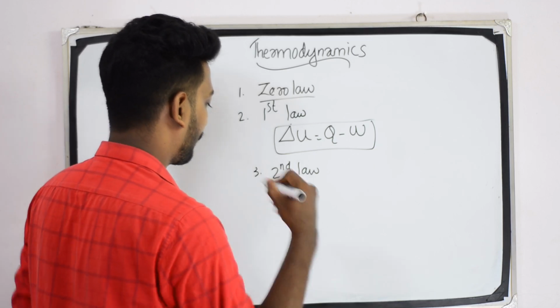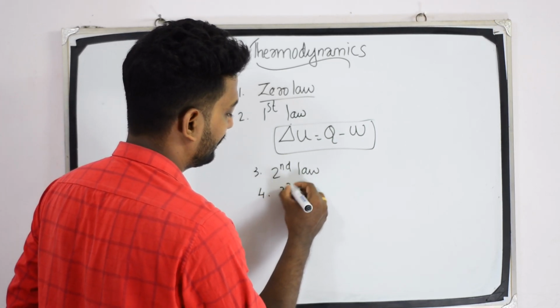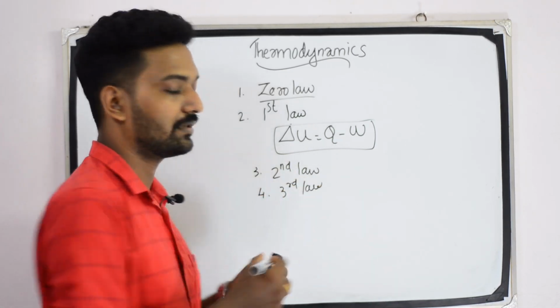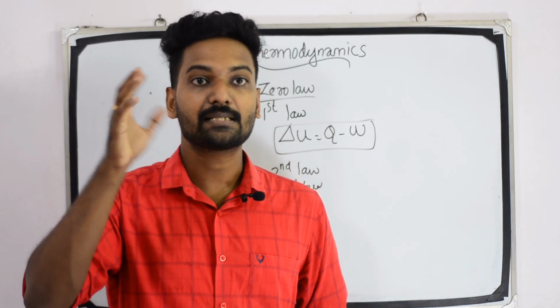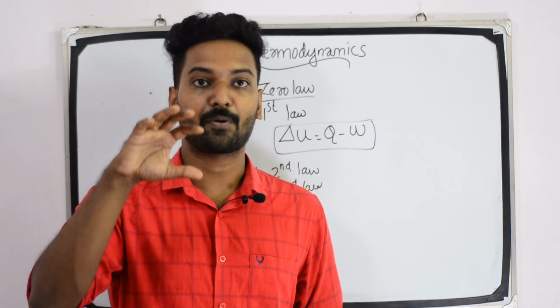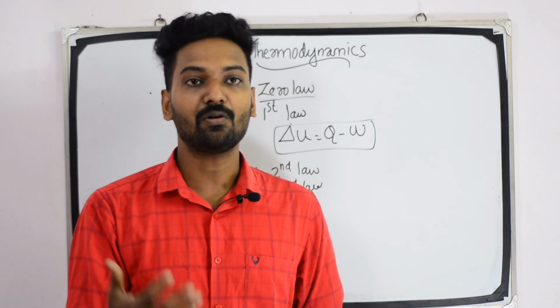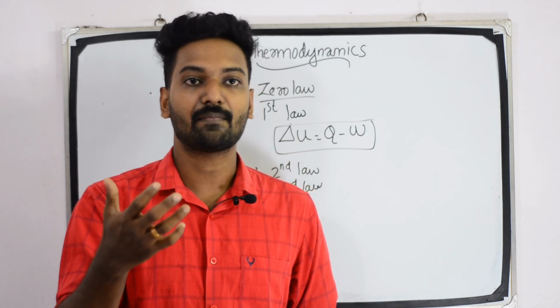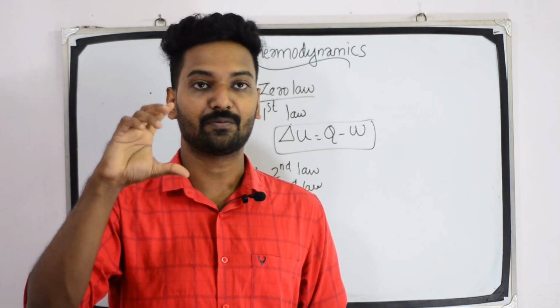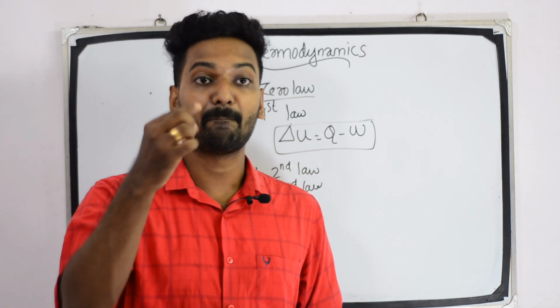And the fourth one is the third law. The third law of thermodynamics states that as the temperature of a system approaches absolute zero, all processes cease and the entropy of the system approaches a minimum value.